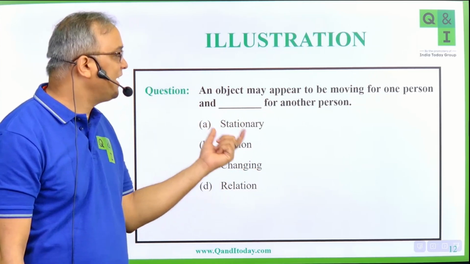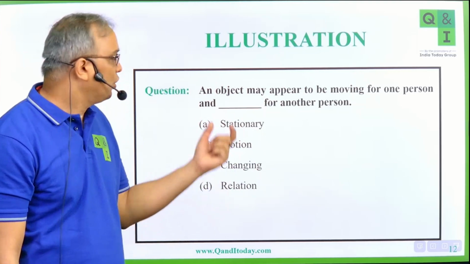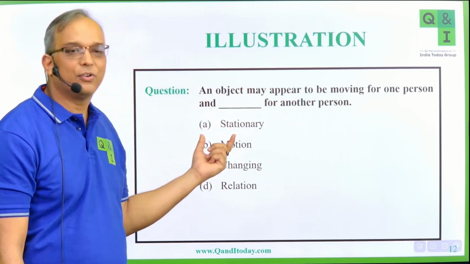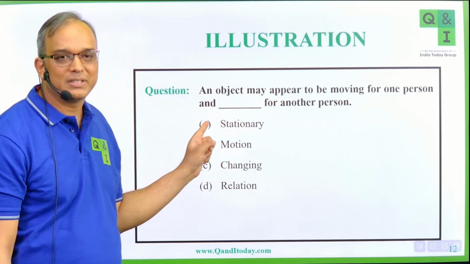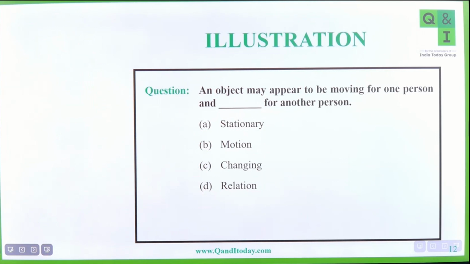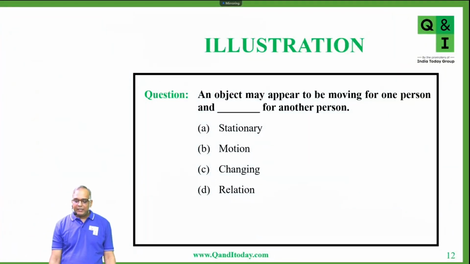It is stationary for another person. So an object may appear to be moving for one person and stationary for another person. So the answer here is option A, stationary.